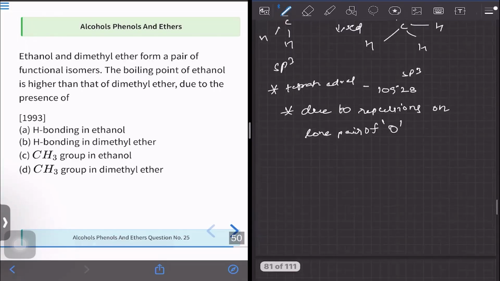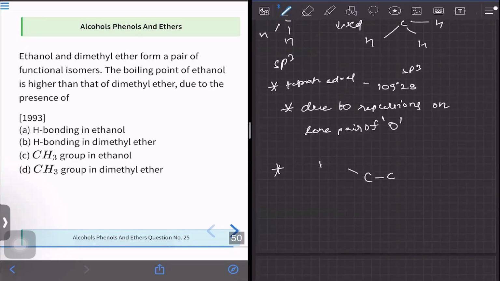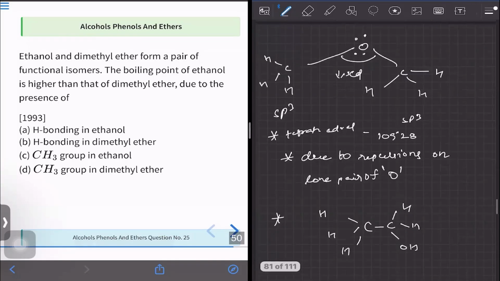Another property exhibited by C2H5OH is, see, it has OH.